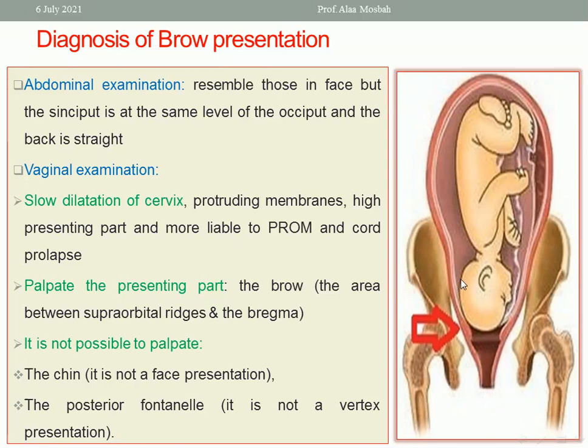Okay? But this brow, if it is transient and the head becomes flexed, will shift to vertex. If it becomes extended, it will shift to face. If it persists as brow, you will feel the frontal bone and supraorbital ridges, and the other boundary is the bregma here.